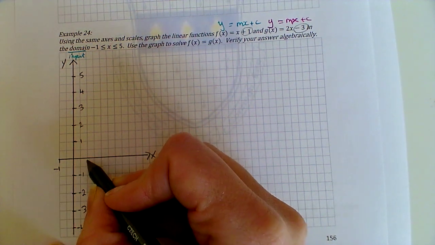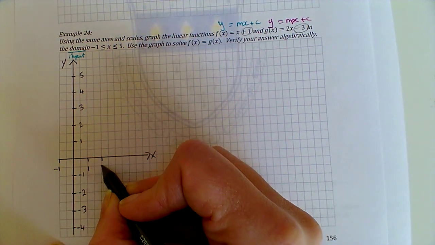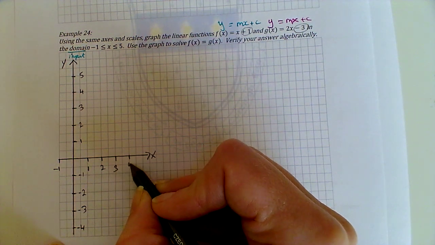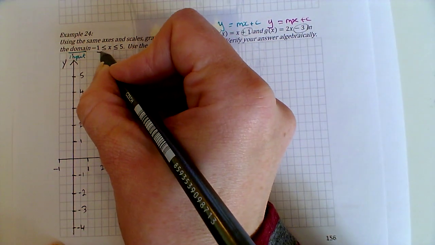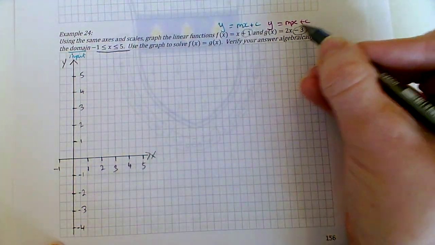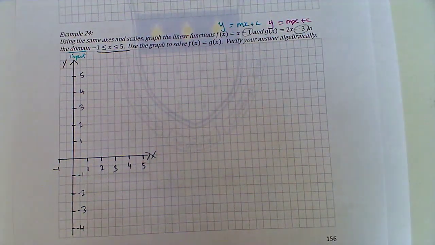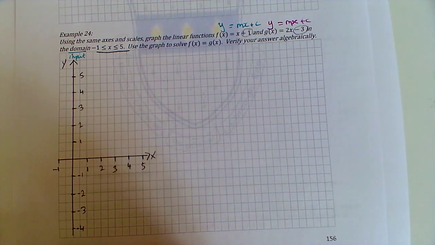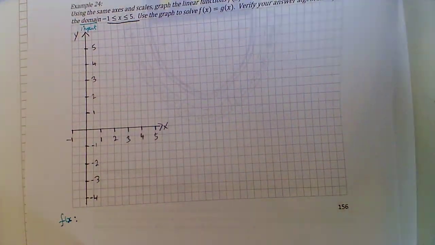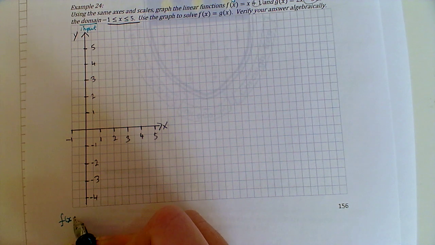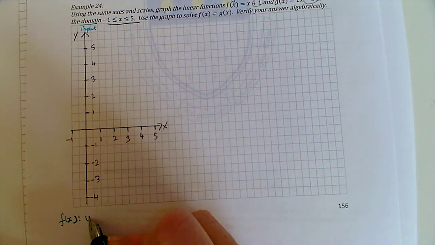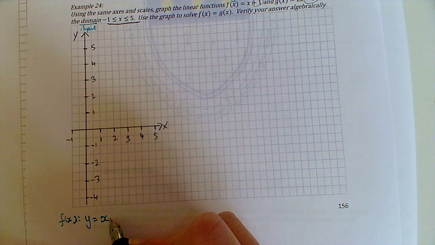So we've got -1, 1, 2, 3, 4, 5. So the x values come from here, and the y values are coming from my y-intercepts over there, but I'm giving an extra little bit of space as well to keep going with my graphs. Plotting them, I can find 2 points, or I can use my slope. So for f of x, I know that y is equal to x plus 1.